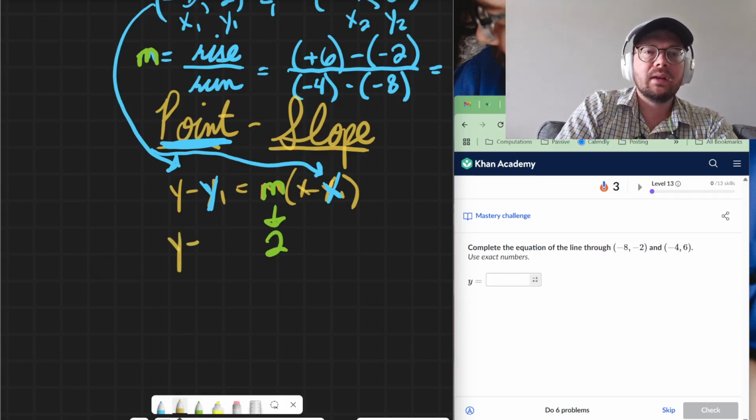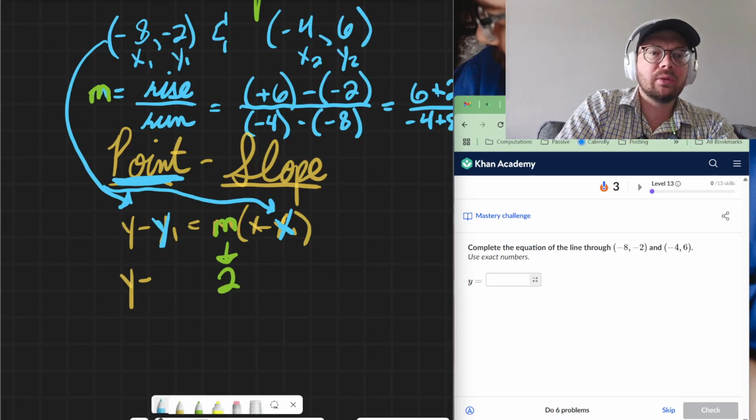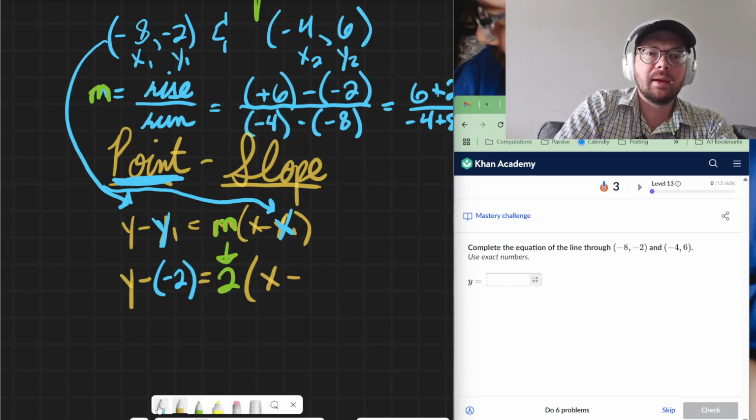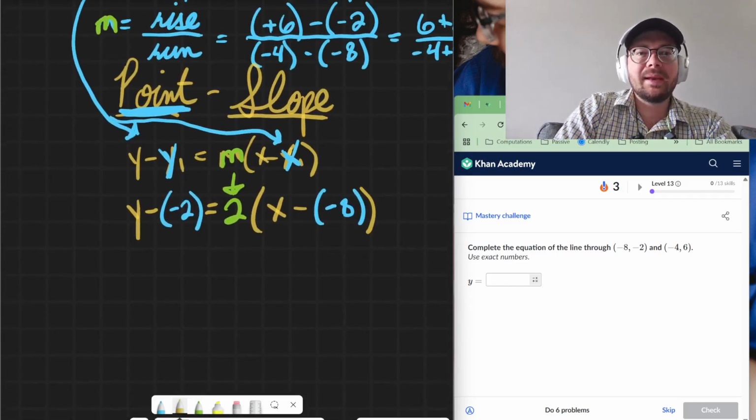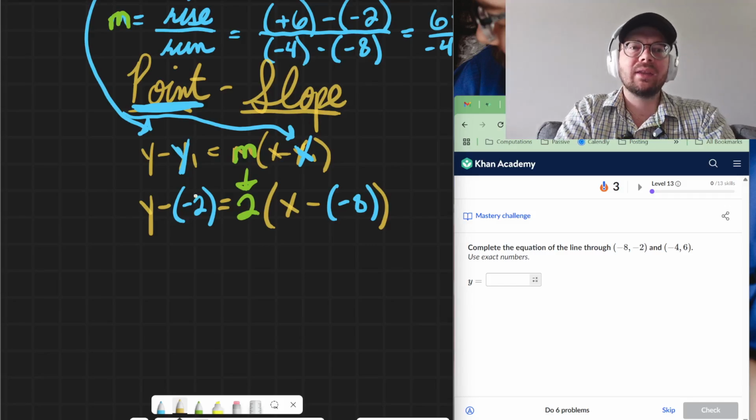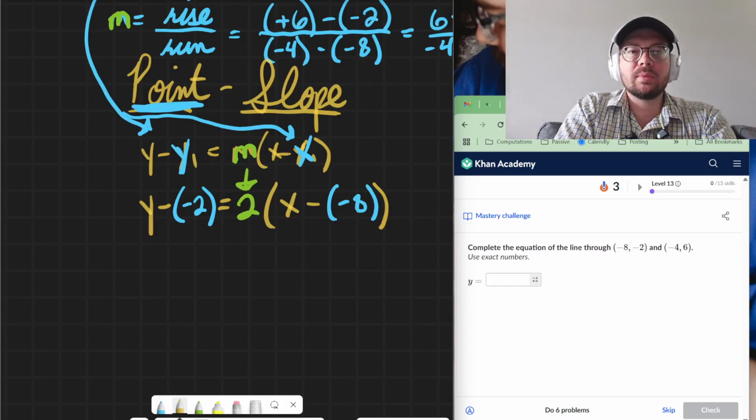Y minus, and then y1 is negative 2. And then that equals 2, the slope. We solved that earlier. Times x minus, and then x1 is negative 8. Okay, so we're basically done. They might not like that this is not super cleaned up, but you don't have to distribute the 2.